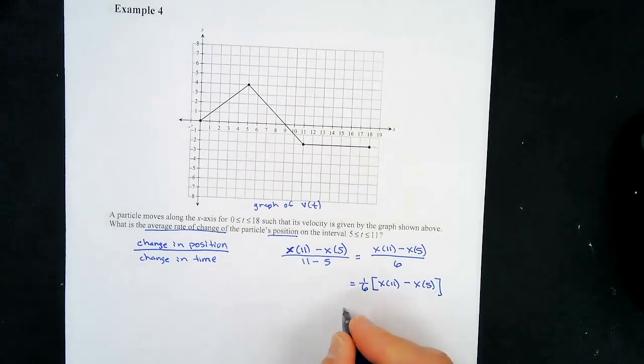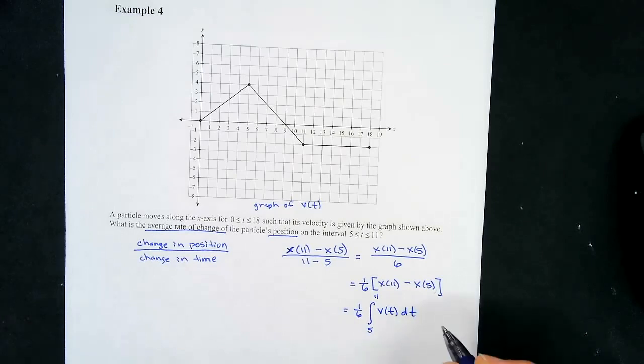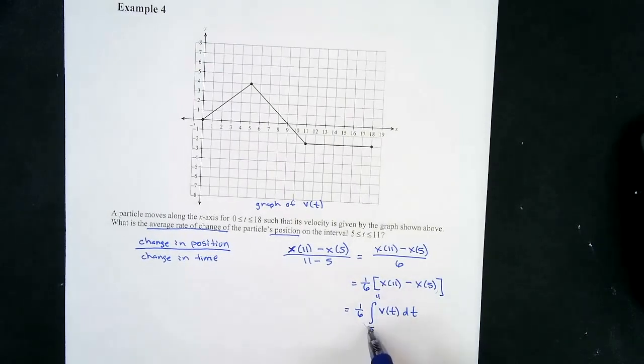So we can write this as 1/6 times the integral from 5 to 11 of v of t dt. It's like we're doing a swap out, the substitution. This and this are identical. They're the same thing. We have this 1/6 out here, so we're going to hang on to that.